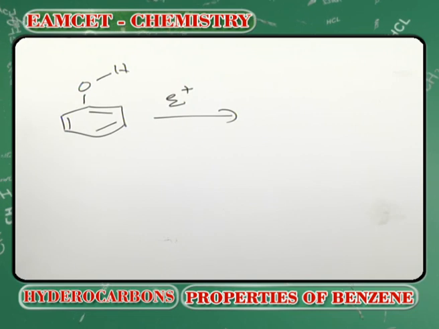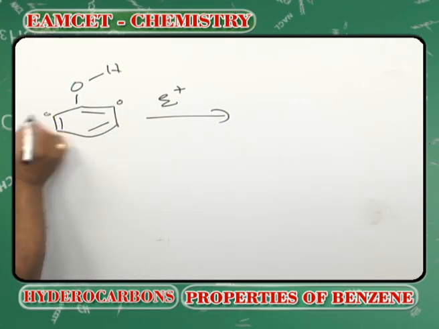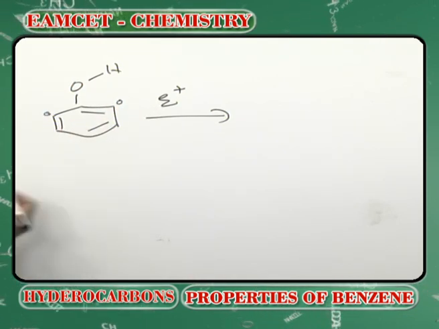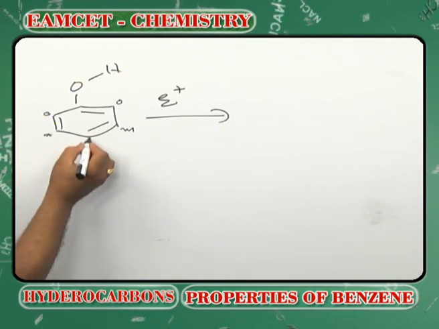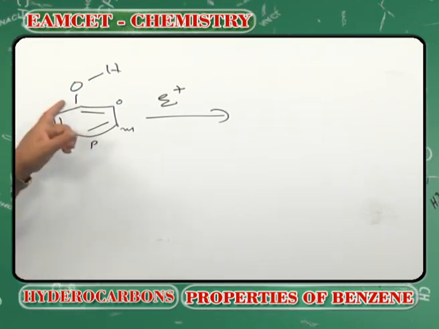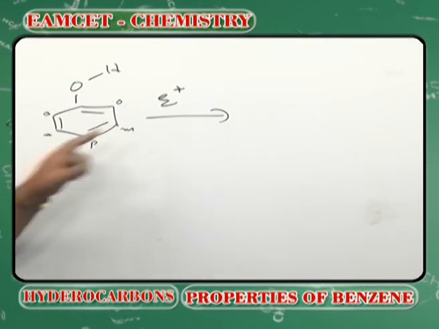Where does the electrophile go? There are 3 chances: ortho, either this side or that side; meta, either this side or that side; and this center is called para. So the 4th position to the OH is para, the 2nd position is ortho, the 3rd position is meta.